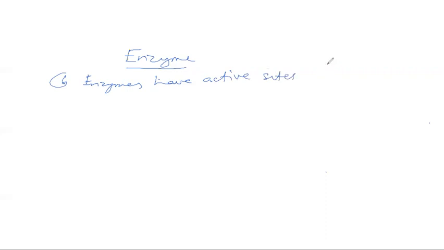The active sites are the sites or locations where the substrate binds, right? The substrate is what the enzyme works on. So the substrate attaches to the active site of the enzyme.